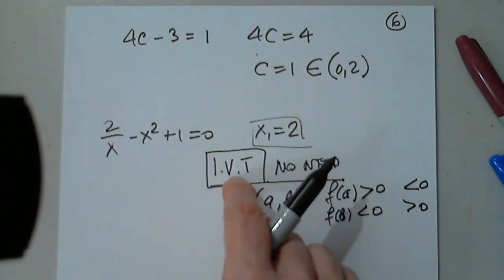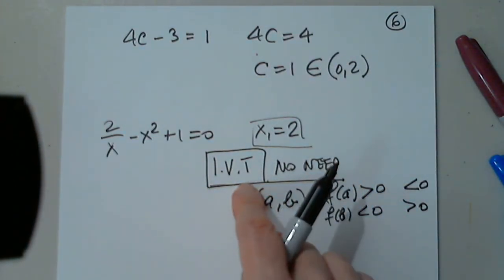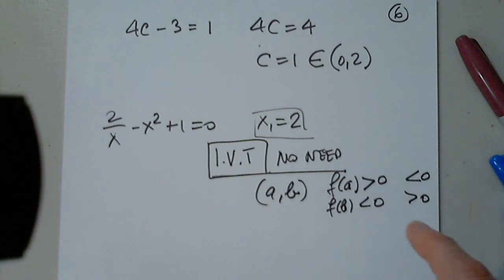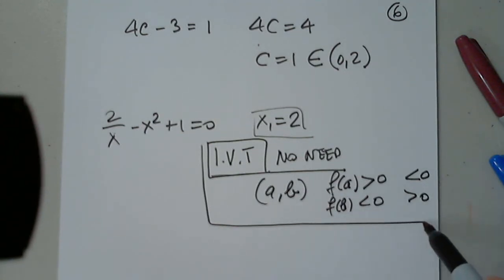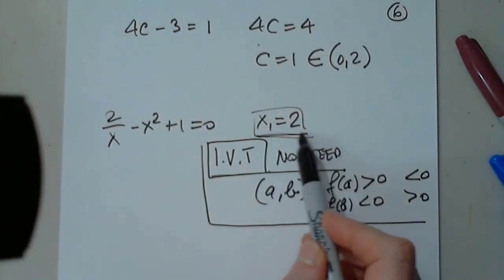Therefore, IVT, because it's continuous, guarantees a solution between a and b. But there is no need to do this right now because they're telling us where to start.